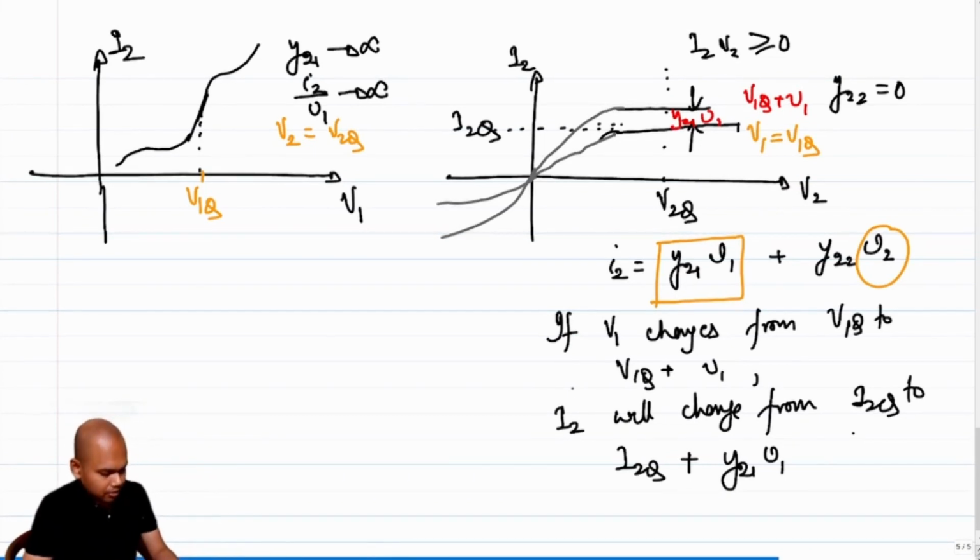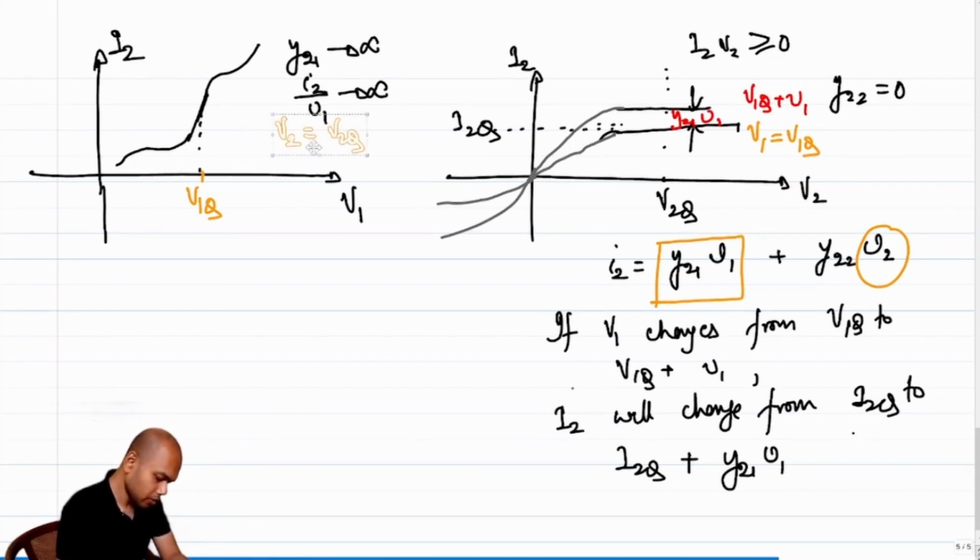So can you comment on what will happen, in case of the plot on the right, if I change V2 from V2Q to V2Q plus an incremental v2?